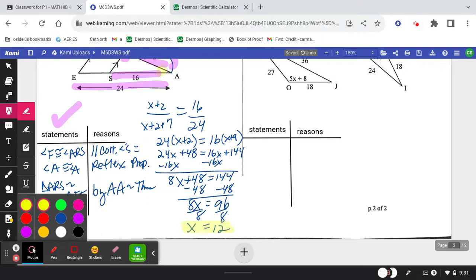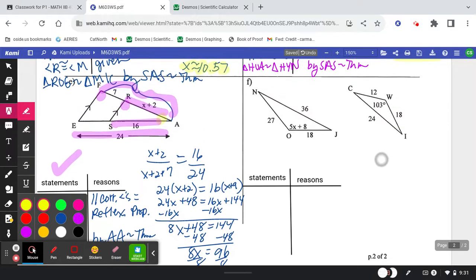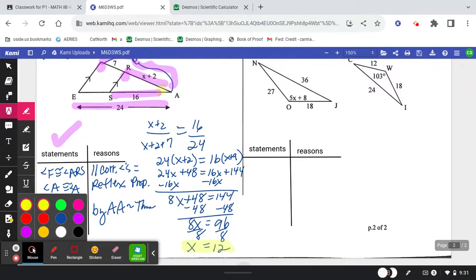All right. So I get a result of x equals 12. All right, last one. Let's go look over here.